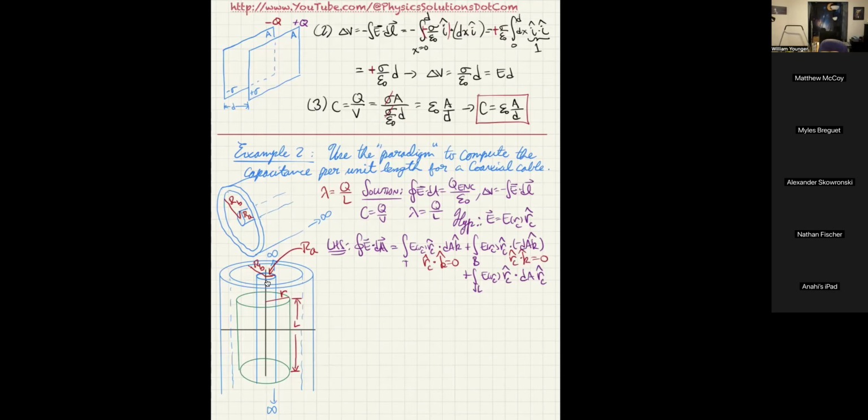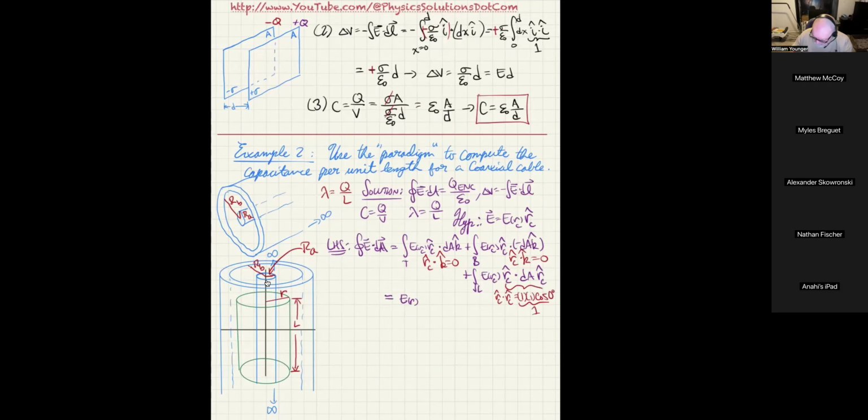So really all you get from the left-hand side is E of R. I've done enough to tell you that's the R associated with cylindrical coordinates, so I don't want to write the R sub C anymore. I'm just going to write it as R. But now what happened was the E of R came out in front, the dA came out in front of the dot product, and then I had R_C dot R_C, and of course R_C dot R_C is equal to 1 times the cosine of 0 degrees, which of course is just 1.